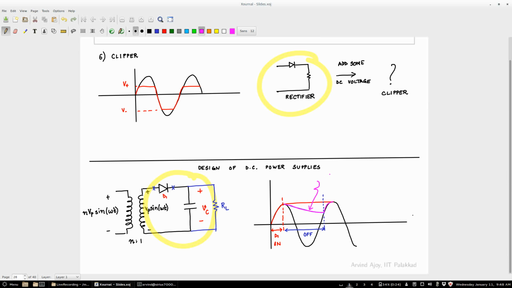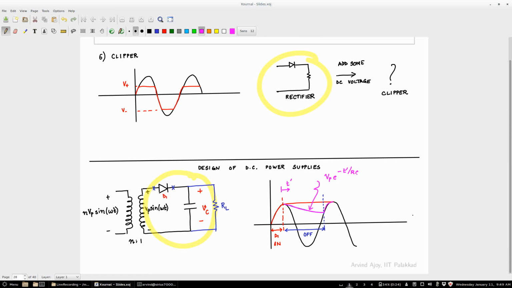So, how should you design the capacitor? What should be the value of the capacitor you put? To answer that, tell me what this is expressly given by.